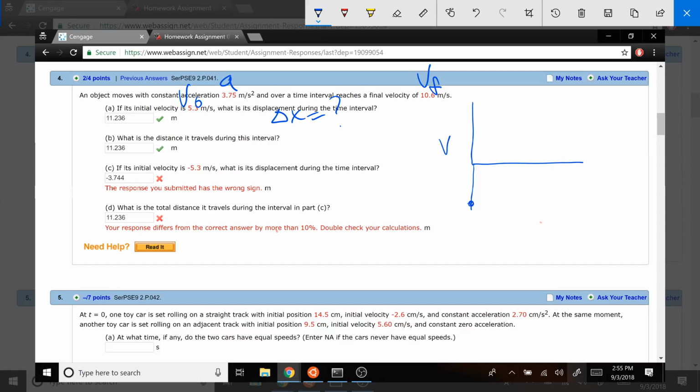But because the acceleration is positive and constant, and we know that v equals v naught plus at, here's v naught, negative. Graph it as linear. This is t over here, of course. That is a y equals mx plus b graph. There's the b, there's the mx. So that graph looks like that.